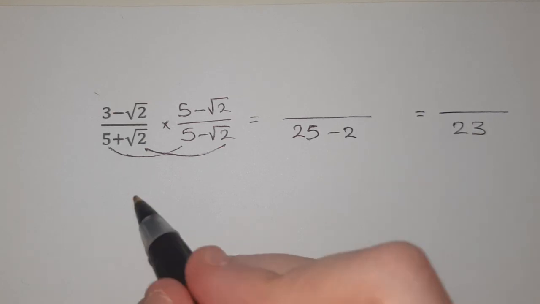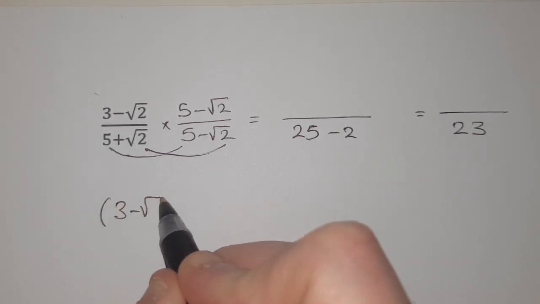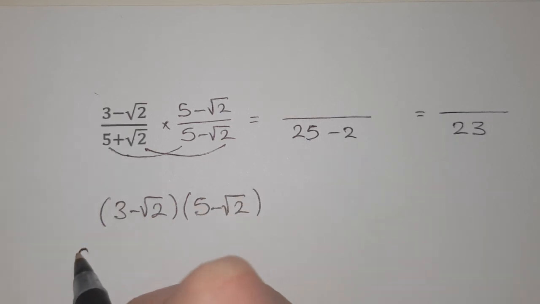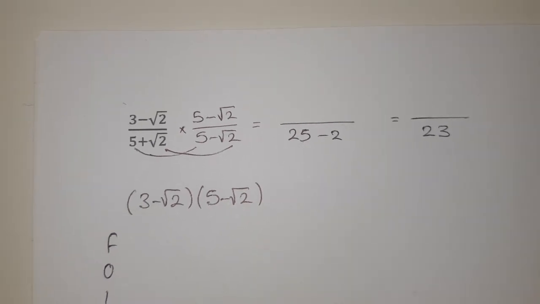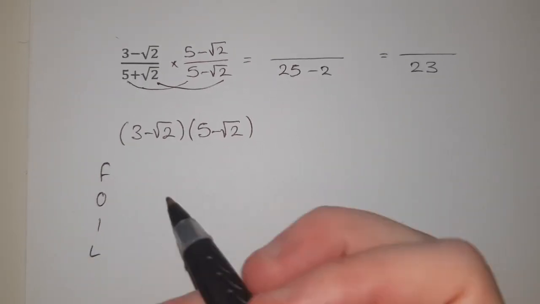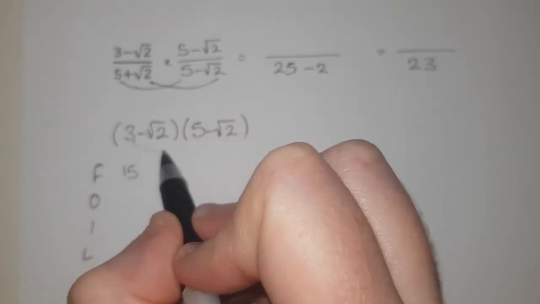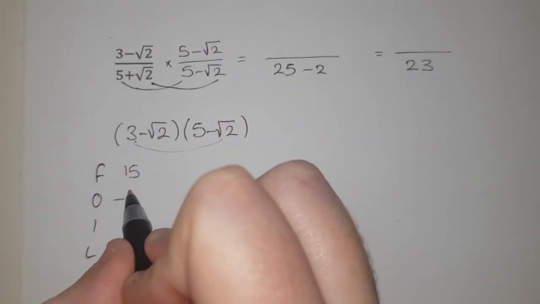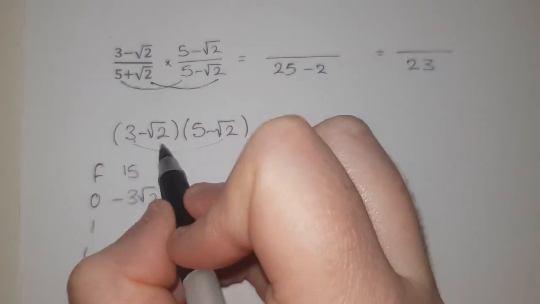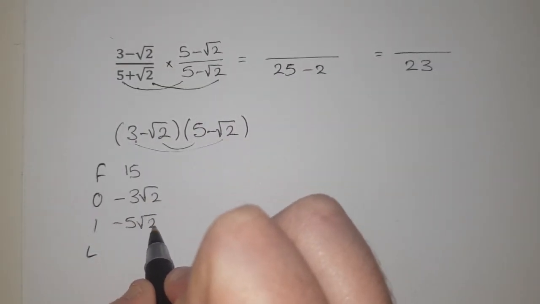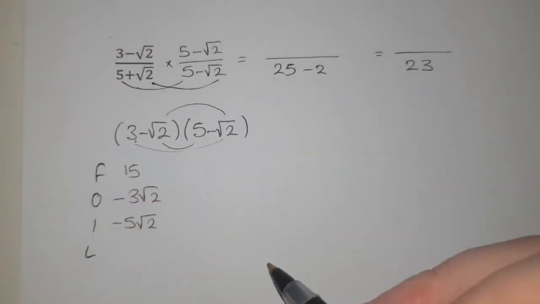The top, you are going to have to use FOIL to work it out. Let me just zoom out again. So first is 3 times 5, that's 15. Outside is 3 times minus root 2, so that's minus 3 root 2. Inside is 5 times minus root 2, so minus 5 root 2. And last is minus root 2 times minus root 2.